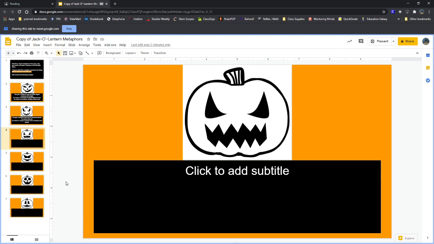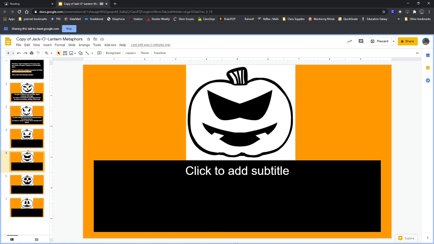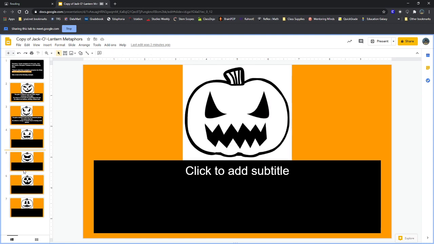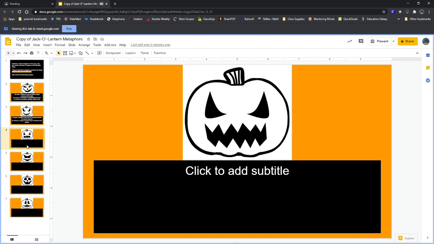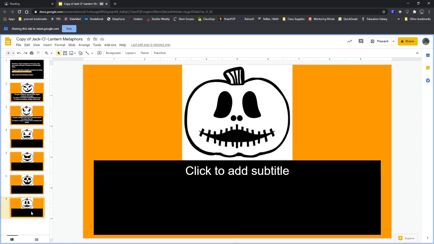You know what? For slide 4 and 5, you can go ahead and skip the ones about the nose because those don't have noses either. Okay? So for slide 4 and 5, you're just going to write 2 metaphors. One for the eyes, one for the mouth. And then for slides 6 and 7, you're going to make sure that you add one more sentence about the nose. Think back to slide 3.